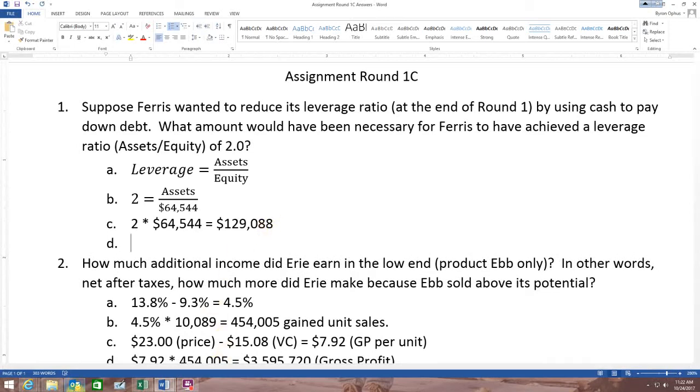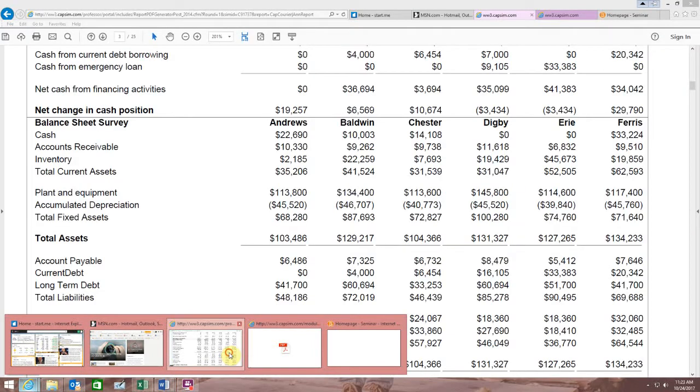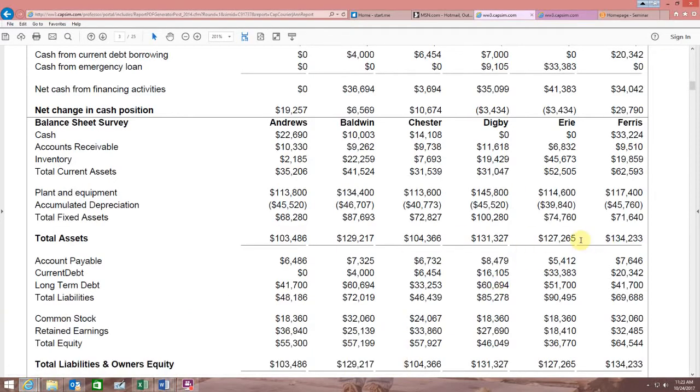What our total assets were was 134,233,000.